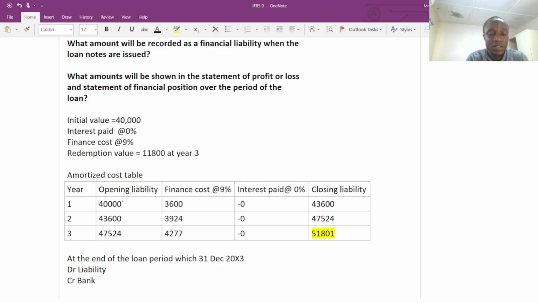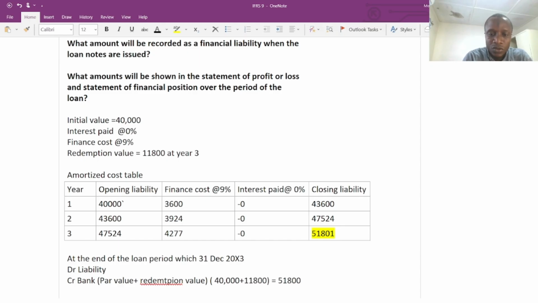That's why, in the normal sense, the closing liability should equal the redemption value plus the nominal value. So we are going to credit bank with the par value plus the redemption value, which equals $40,000 plus 11,800.